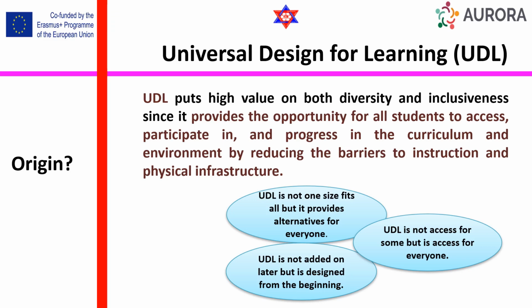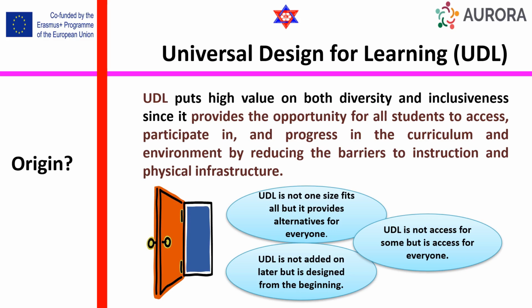Universal Design for Learning (UDL) places significant importance on embracing diversity and fostering inclusivity, as it aims to create an educational environment where every student can readily engage with and make progress in the curriculum and physical environment.